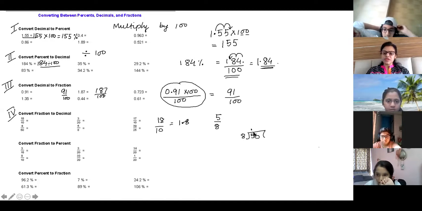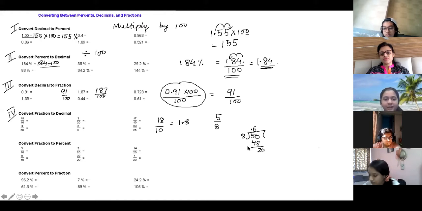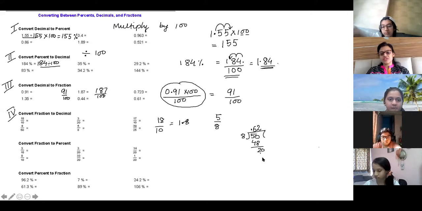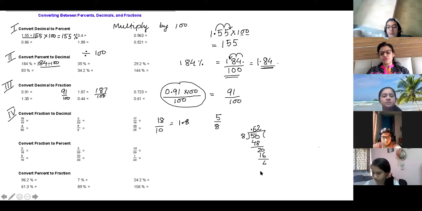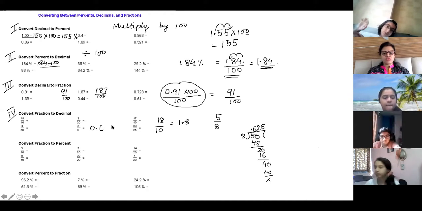So 8 how many times? 8 times 6 equals 48. 48, 2. Next step? Put a 0. You add another 0. 8 2s are 16. 4 over here. Another 0. So your answer for this one is 0.625.